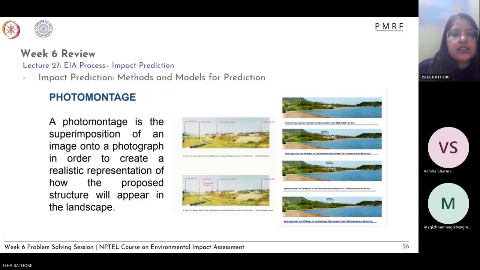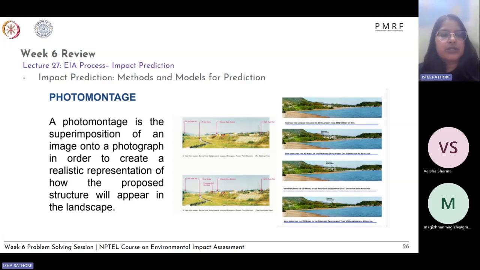Okay. So a strategy for your soft modeled is photo montage. A photo montage is superimposition of an image onto a photograph in order to create a realistic representation of how the proposed structure will appear in the landscape. So you can basically combine two photos. One is a rendered version of how the site is going to look after that particular strategy has been implemented, and the other photo is the existing condition.